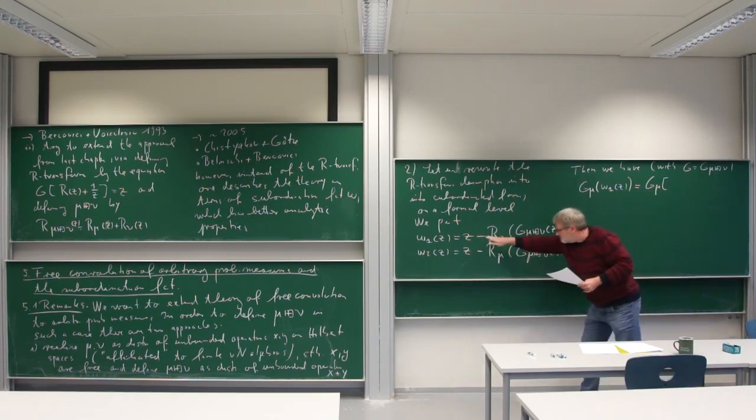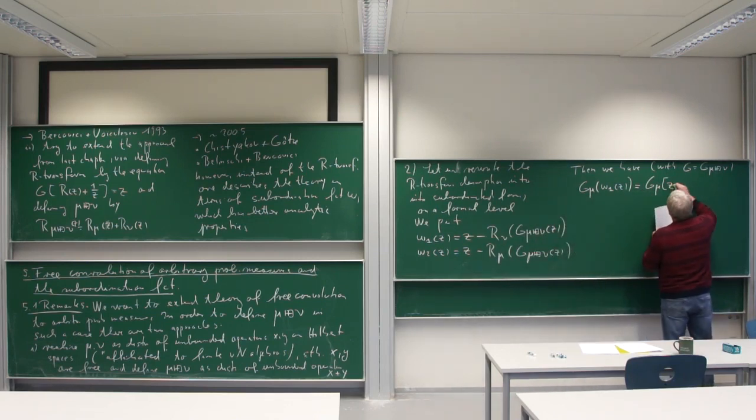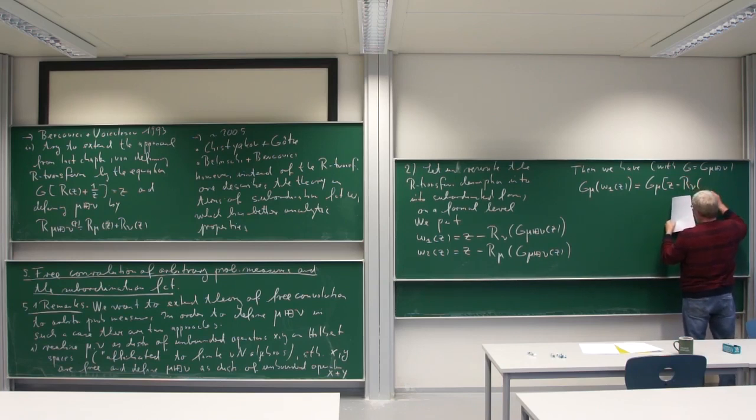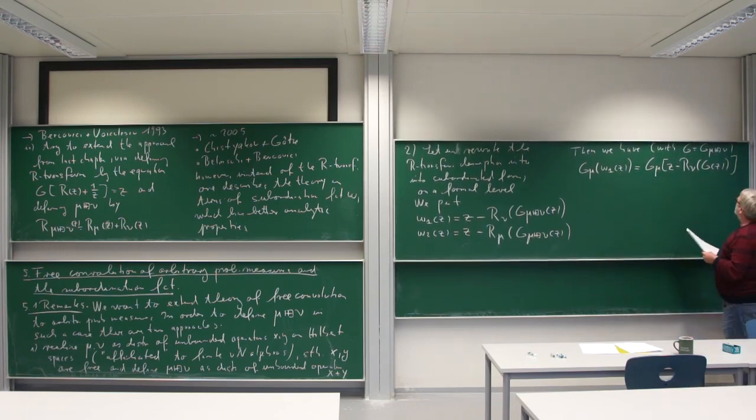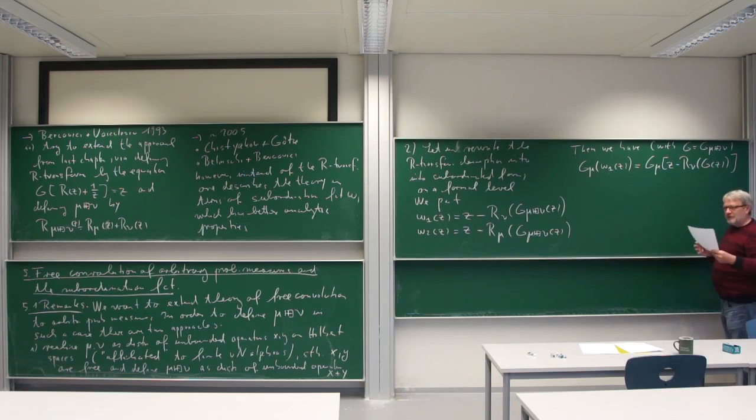So what is G mu of omega 1 of z? We just use the definition, this is z minus R nu of G of z. Okay, and now of course I have to do some reformulations. You see I have here the Cauchy transform of mu plus nu, and I have here the R transform. And of course Cauchy transform and R transform are more or less inverses of each other, but I should use the same measure. So this corresponds to this, so I would need the R transform which also corresponds to this.